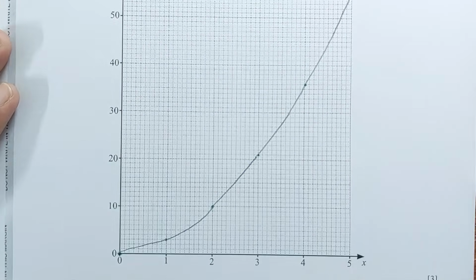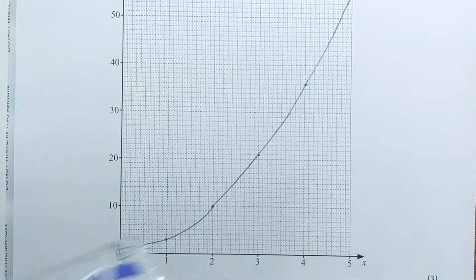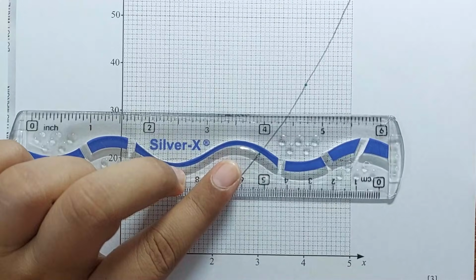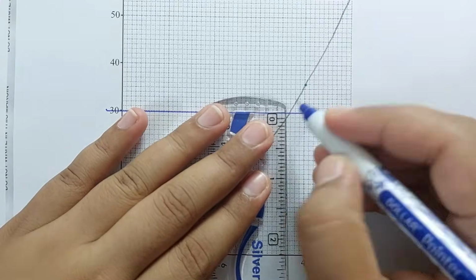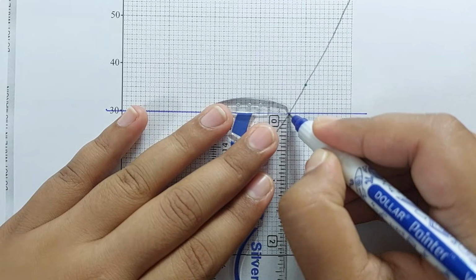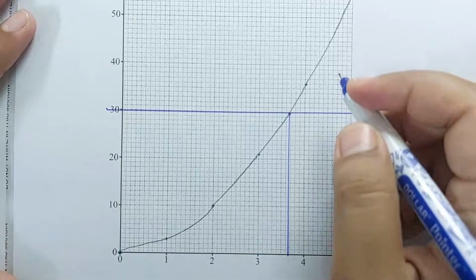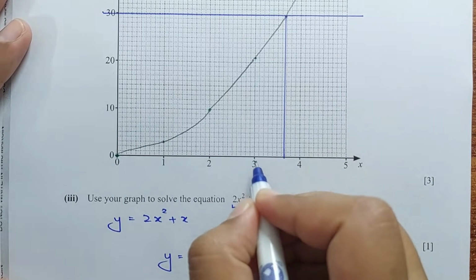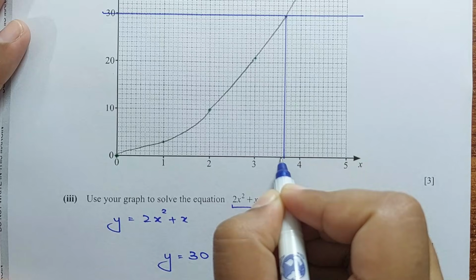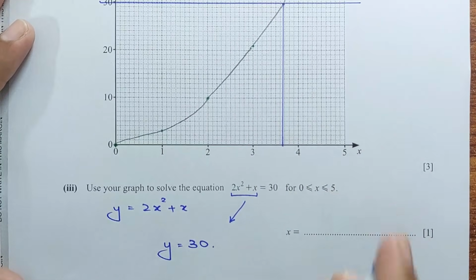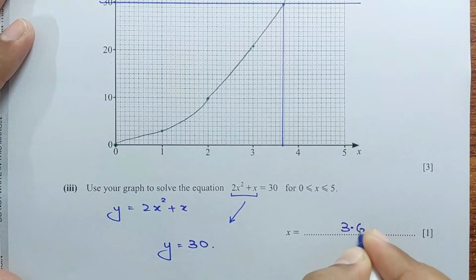Draw the line y equals 30 and find out at what point the line cuts the curve. That is 3.65.